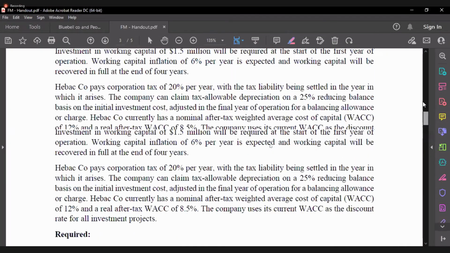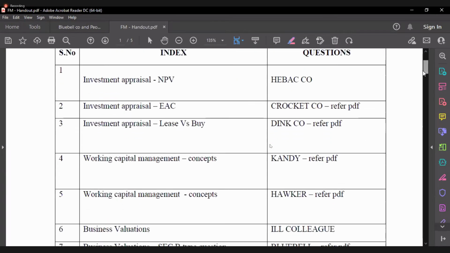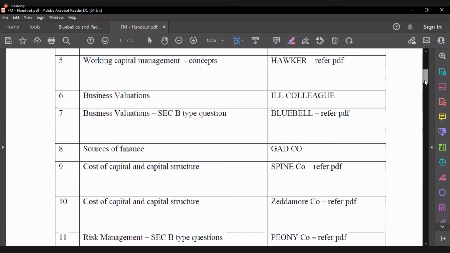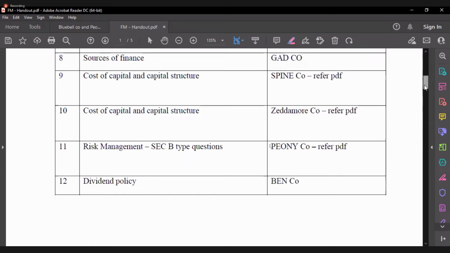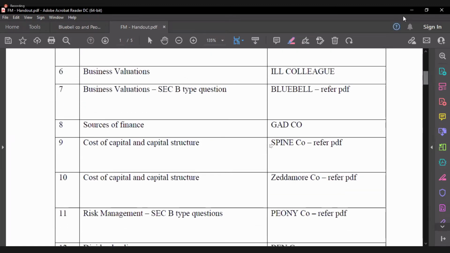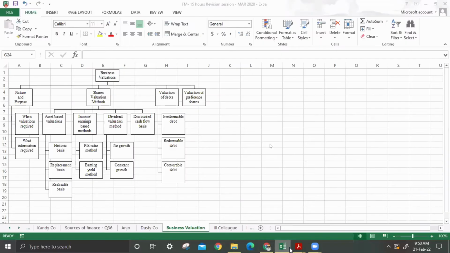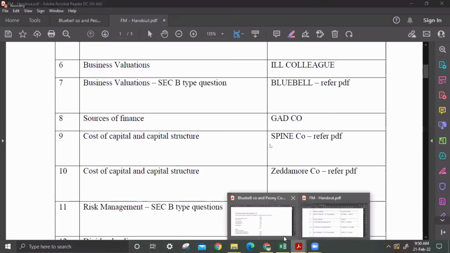We were going to solve a question, no? I think it was a section B type question. Everyone can see the question?